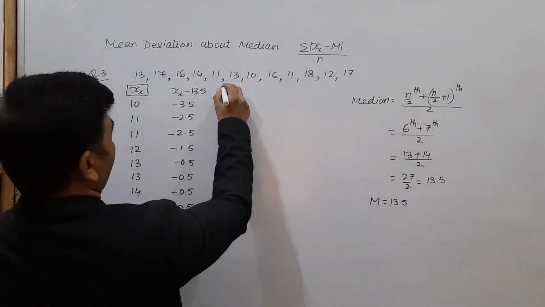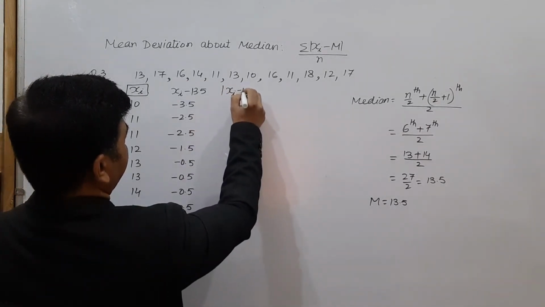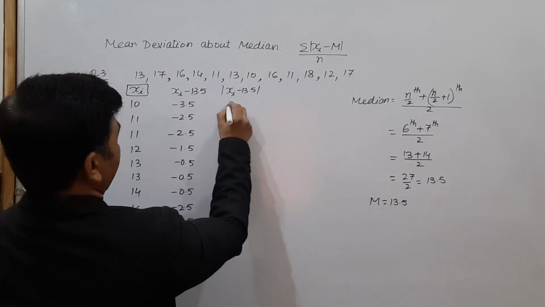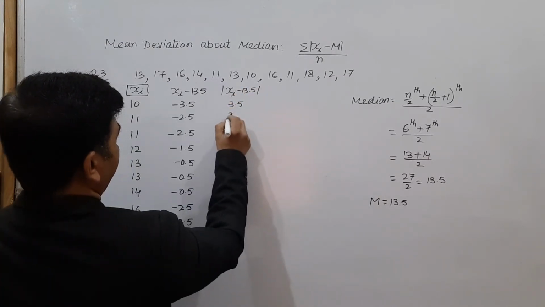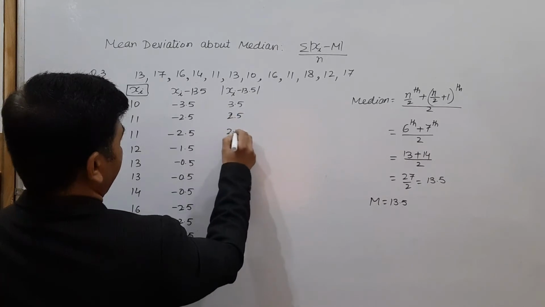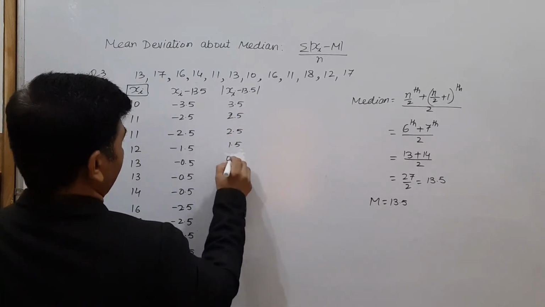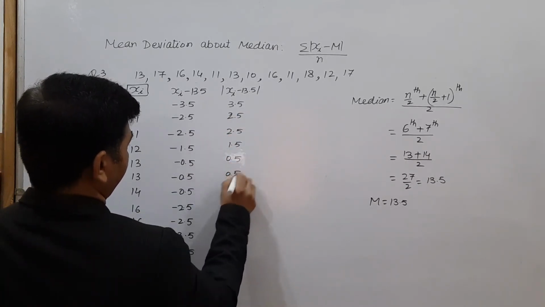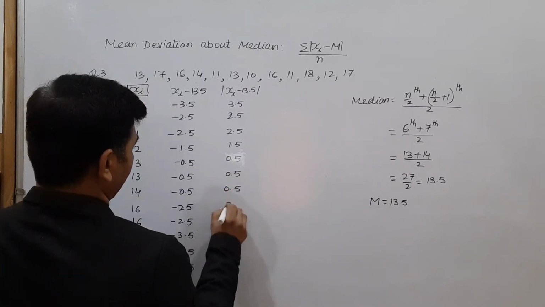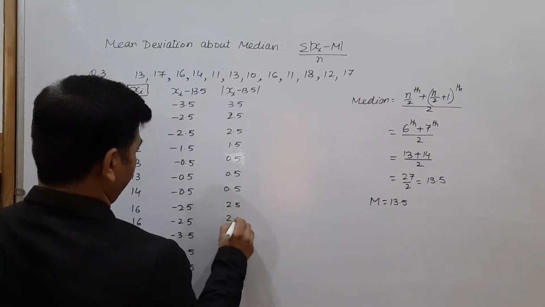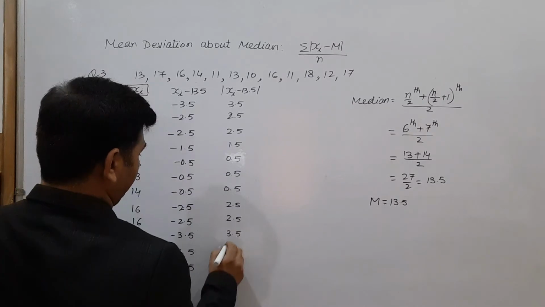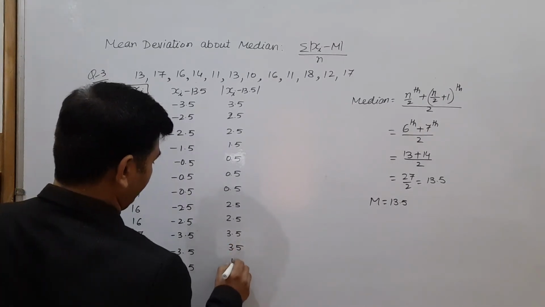And if you are taking the modulus of xi minus 13.5, this is 3.5, 2.5, 2.5, 1.5, 0.5, 0.5, 0.5, 2.5, 2.5, 3.5, 3.5 and this is 4.5.